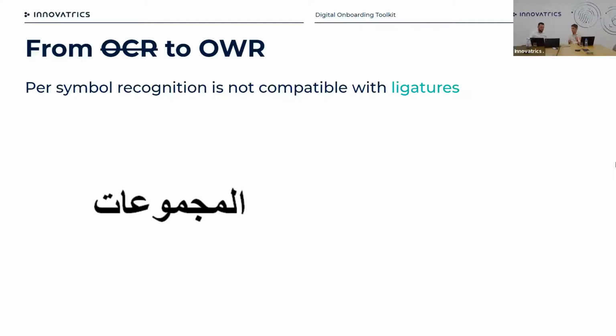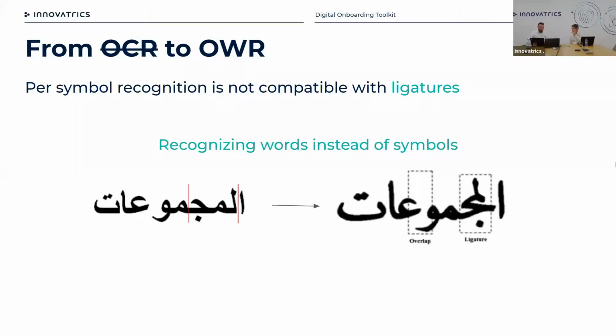The second thing: here you see an Arabic word group, and this is one way you will see it in real life. But sometimes it can look completely different. You see in the middle there are 3 letters. Okay, they are joined together, but if you read Arabic, it's very easy to read.